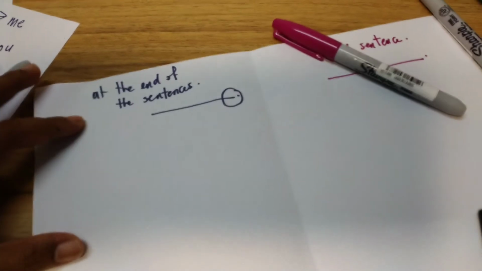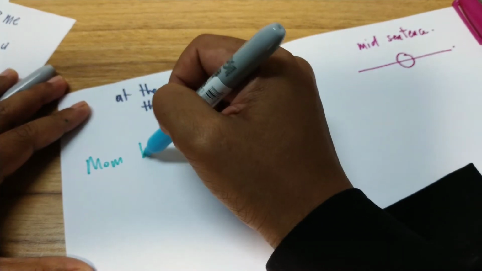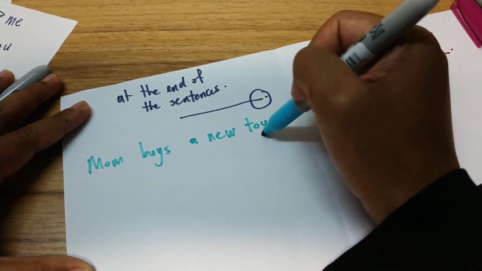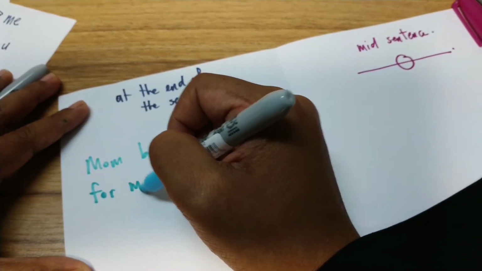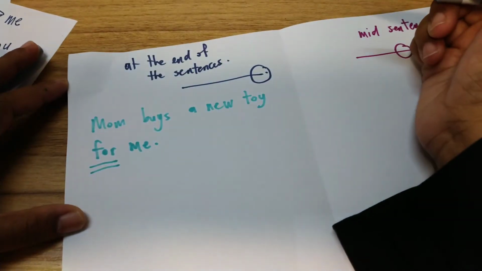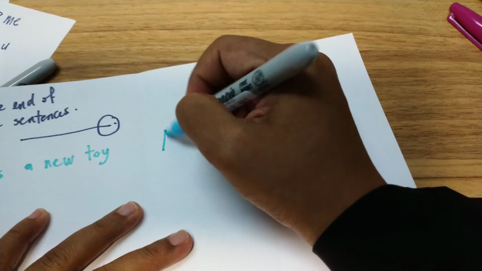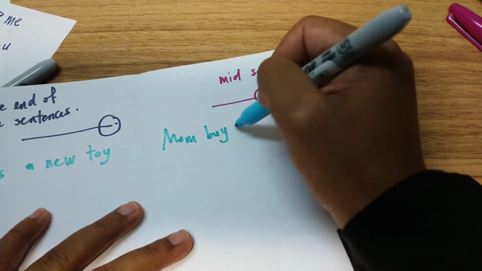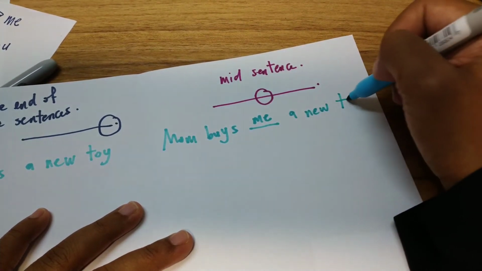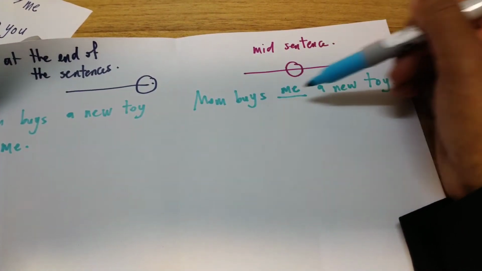For example, Mom buys a new toy for me. If it's at the end, usually you will have to add for. If it's mid-sentence, you can write Mom buys me a new toy. Tak payah letak for. Just write Mom buys me a new toy.